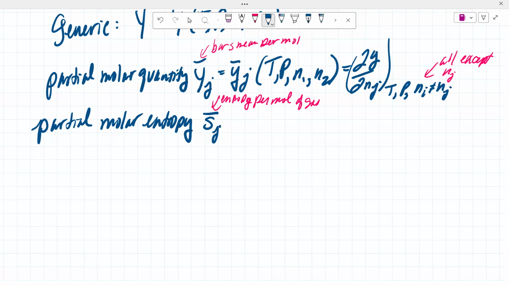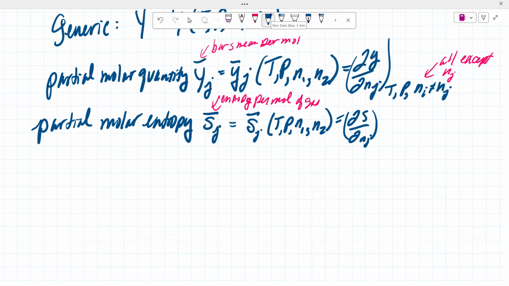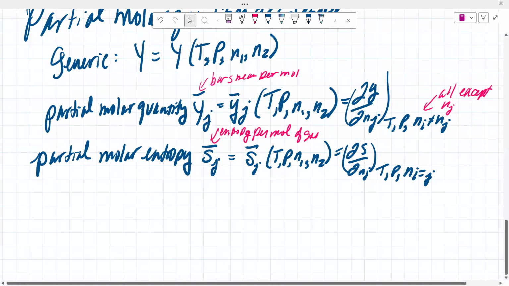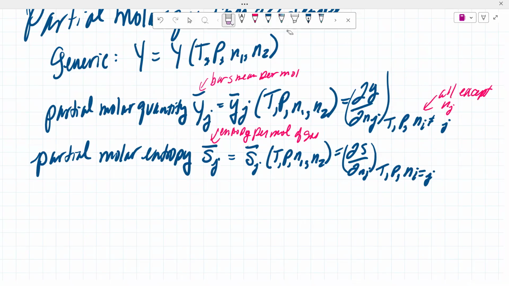So S_J bar equals dS/dN_J at T, P, and I is not equal to J. Sorry, does this make more sense now?